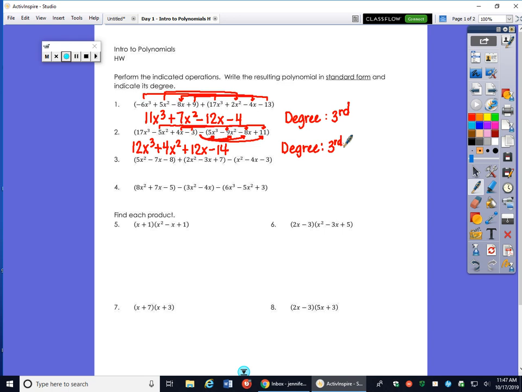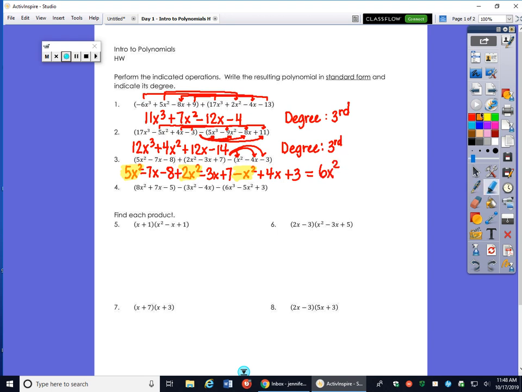For this, I would probably distribute and make one big problem and then start combining. So we have 5x squared minus 7x minus 8 plus 2x squared minus 3x plus 7. And then this has to be distributed. So it's going to be minus x squared plus 4x and then plus 3. When you combine all of your terms, go ahead and do highlighting. So the x squareds are going to go together, and we've got 5 plus 2 is 7 minus 1 is 6x squareds.